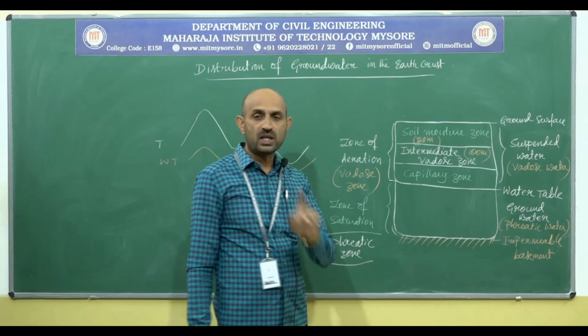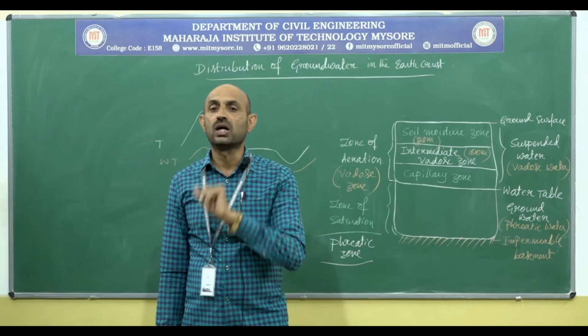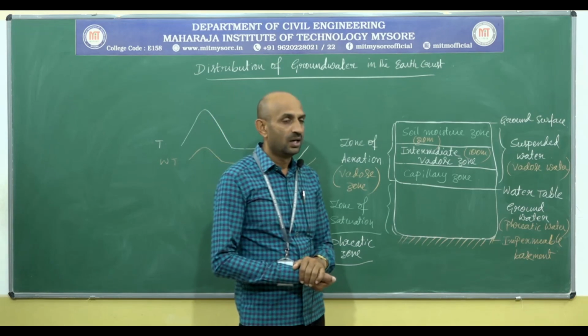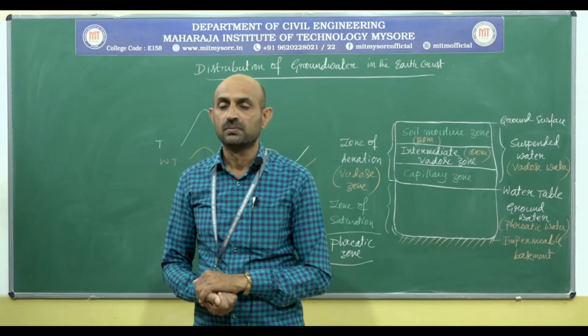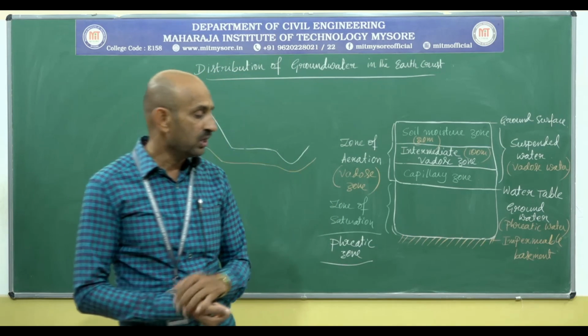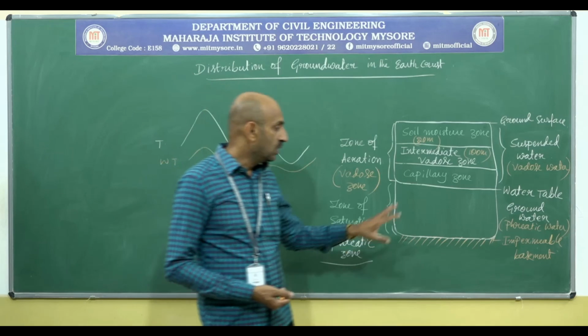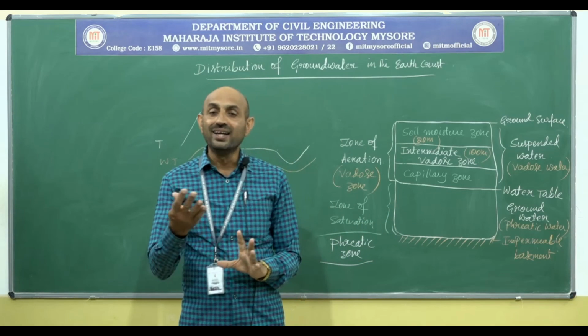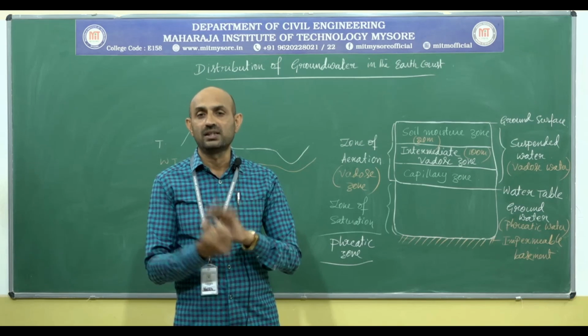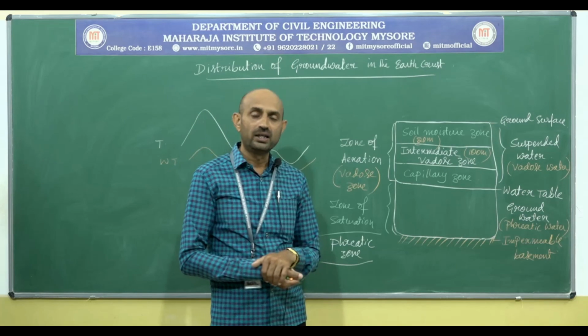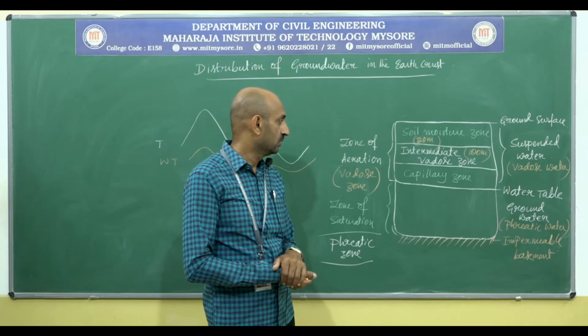This zone of saturation is also called an unconfined aquifer. What is an aquifer? The water holding and yielding capacity of a geologic unit. That is called an unconfined aquifer.